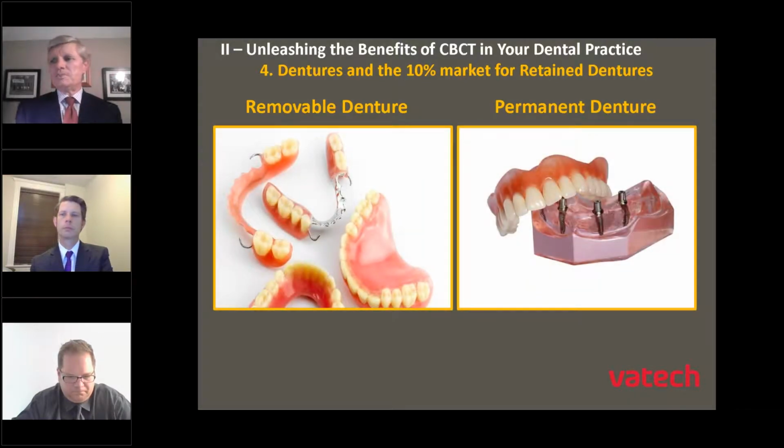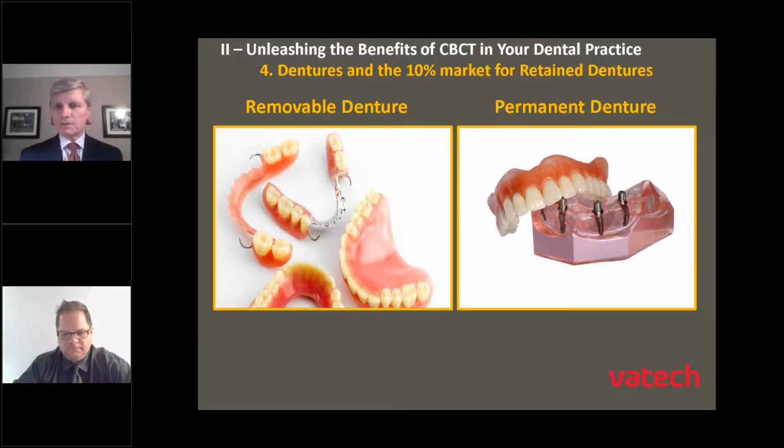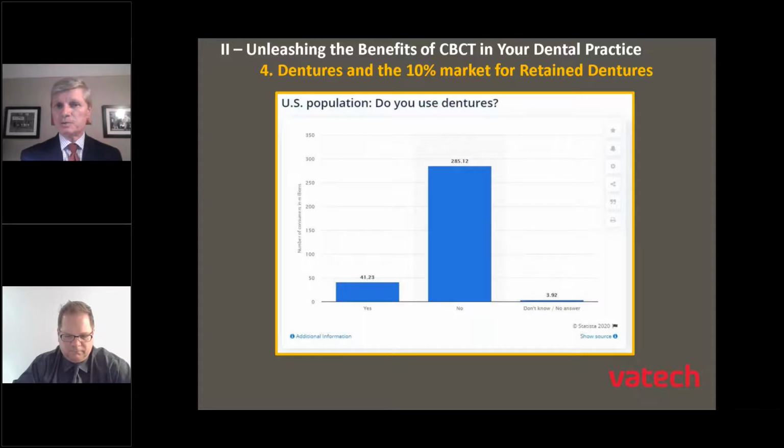Okay, so in the beginning of the lecture, I was talking about this 10% market of retained dentures. Certainly from a denture point of view, if we look at it just from a pure numbers point of view, let's look at the total population in the US.